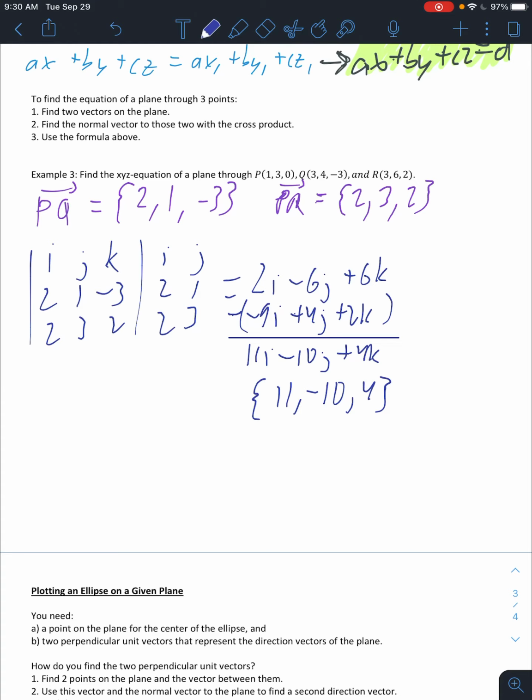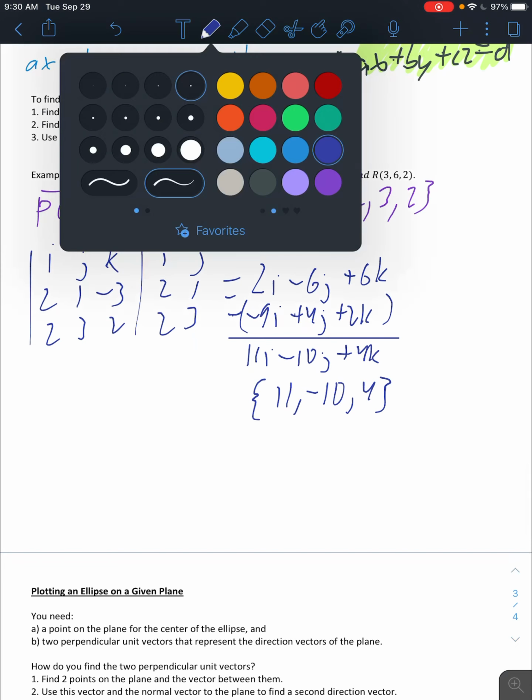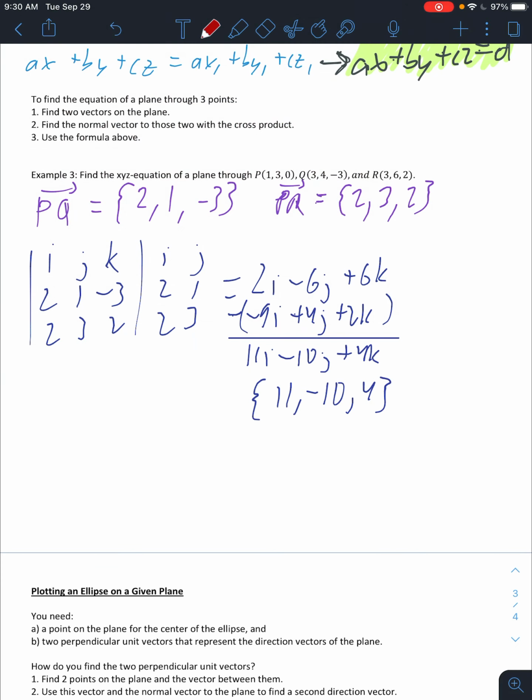Now we're going to use the formula that we have up above there. This one right here. All right, so our normal vector 11, negative 10, 4 dot product of, so pick any point here and do x, y, z minus that point. I'm going to use r.